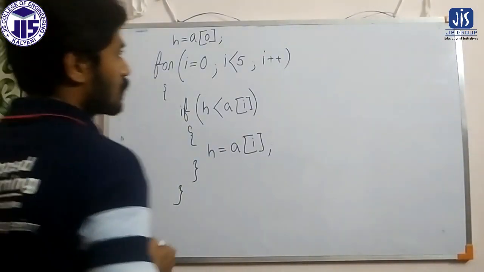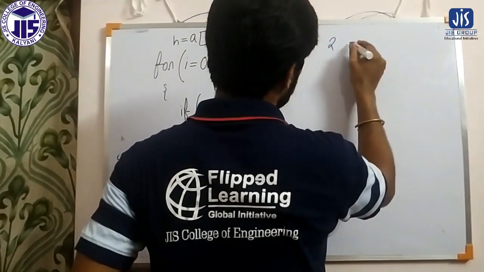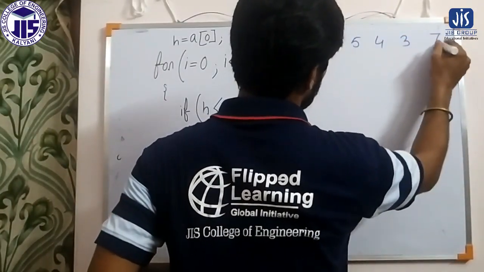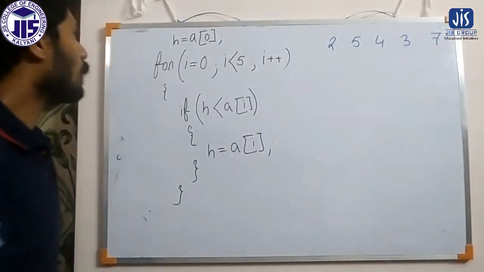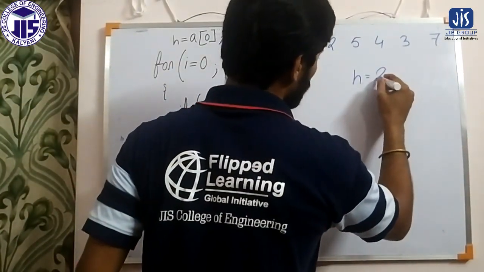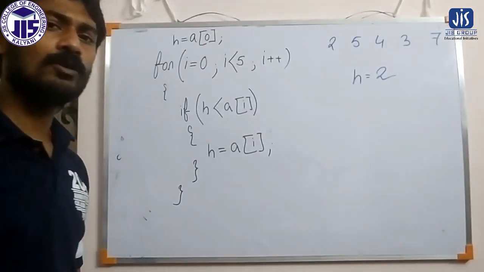The array was 2, 5, 4, 3, 7. First we have done h equal to a0, so the value of h is 2.